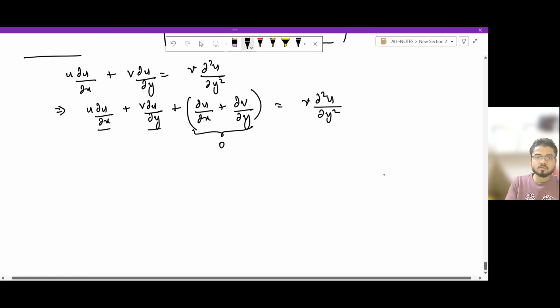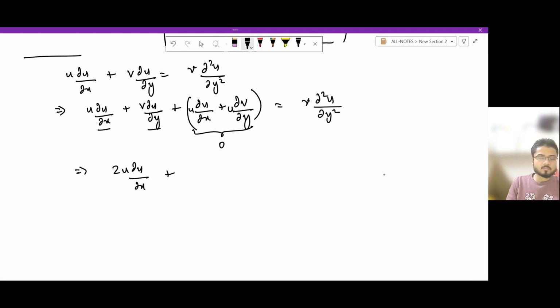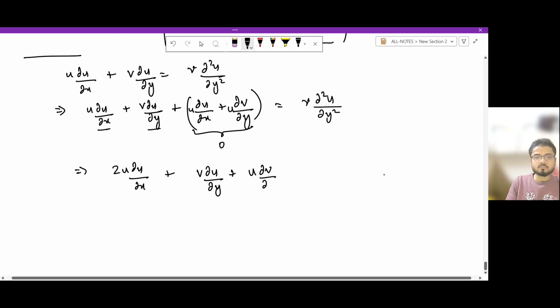But what would happen is you do it like this, you do one u here. So what it yields is a really interesting thing. You have del u over del x right here, plus you have v del u over del y plus u del v over del y, which is equal to nu times del 2u over del y squared.